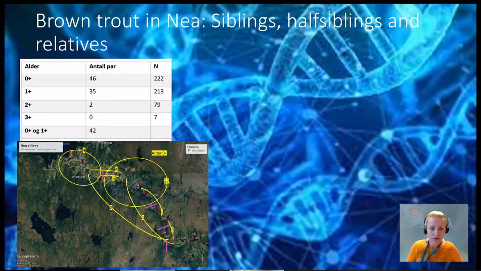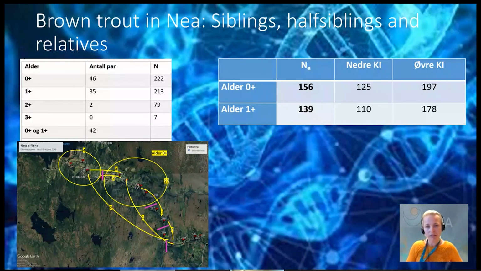And here it's not easy to understand a map just showing the different connections between these sibling groups. But moving to another genetic analysis, we estimated the actual spawning population of the trout. We looked at the juveniles which were born this year, and we found that there were 156 parents, which is a very low number.